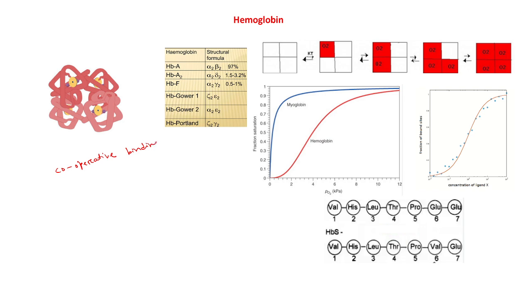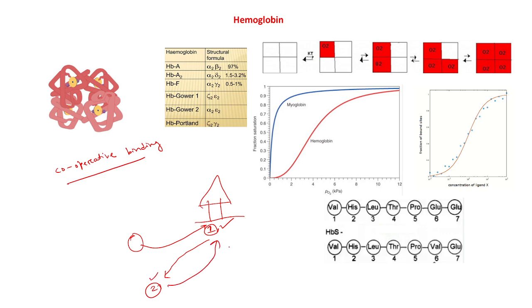So what is cooperative binding? Let's imagine a shop opens near your home. You go to the shop and you like it. Then you come back and tell your friend, so he goes there. He also likes it, so he tells his friend, the third one.